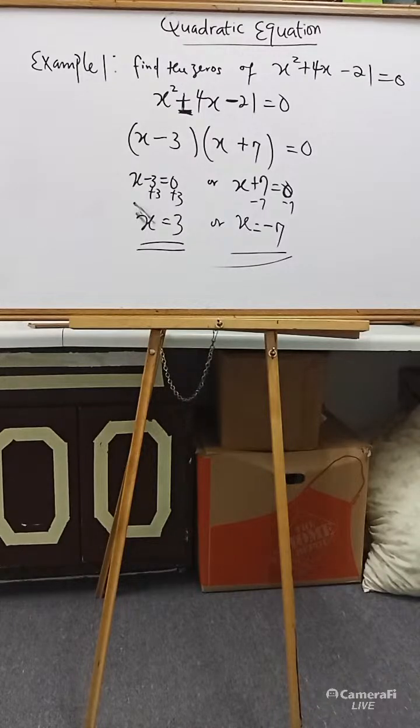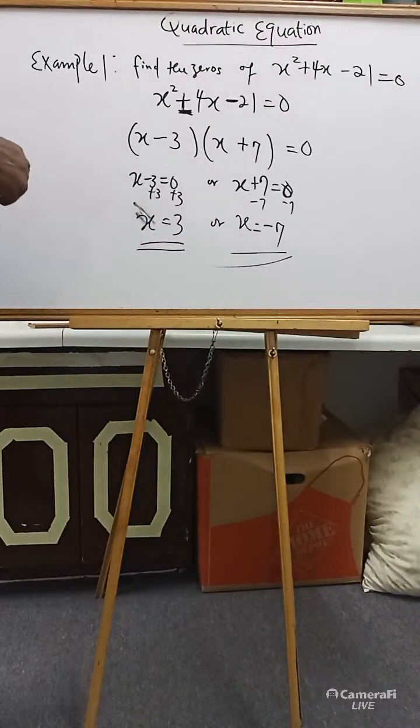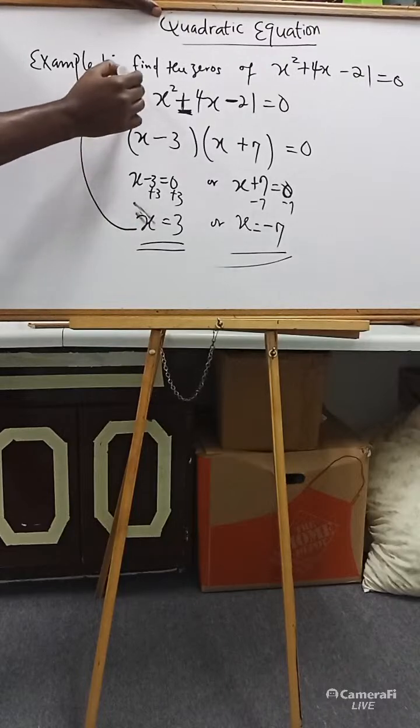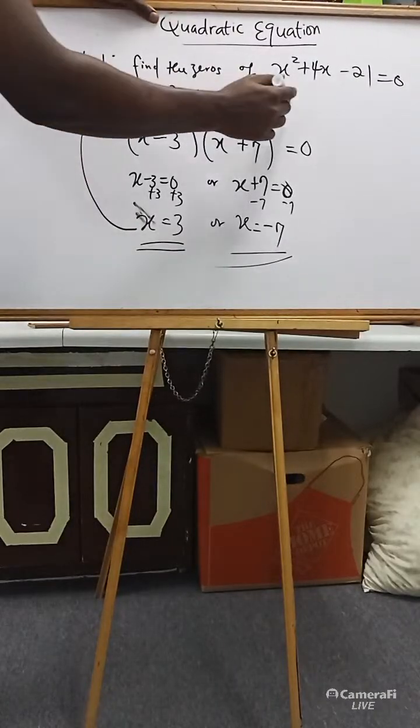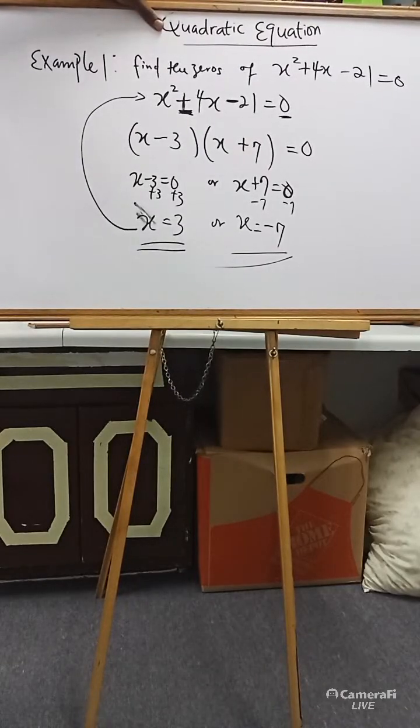Now, the next thing I think you need to do is to confirm how true this is. You need to confirm how true it is. And for you to confirm, that means you can plug in the value of your x into this equation. If it gives you 0, that means it is perfect. Okay?